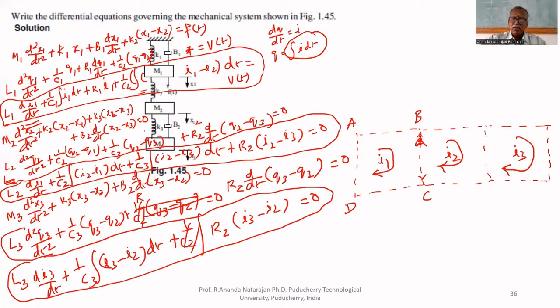So we will place the inductor L1 at AB. Then 1 by C1 integral of I1, current only, we can also draw across AB. This is C1. Then R1 I1, that is also I1 only. We can draw it either here or here. Only I1 has to flow. We'll draw R1 here.